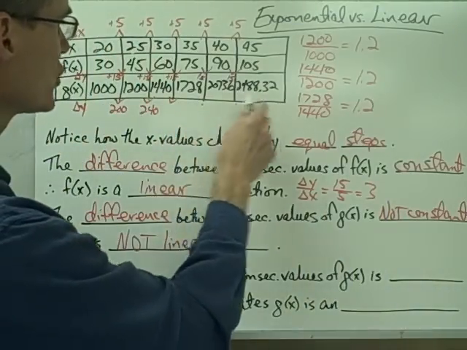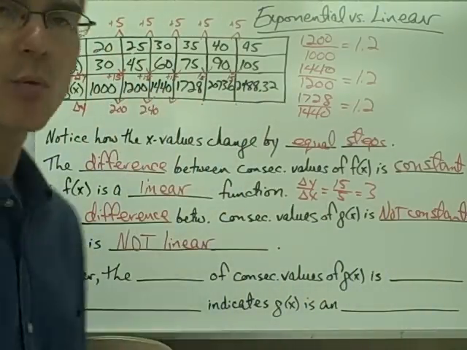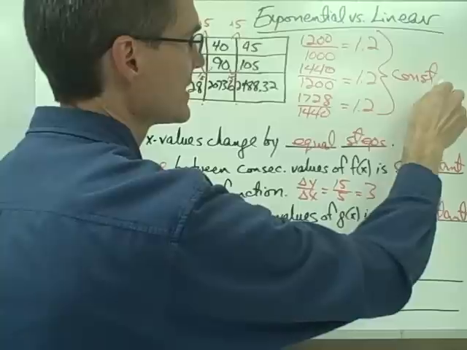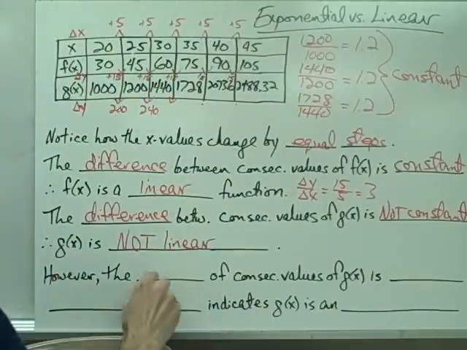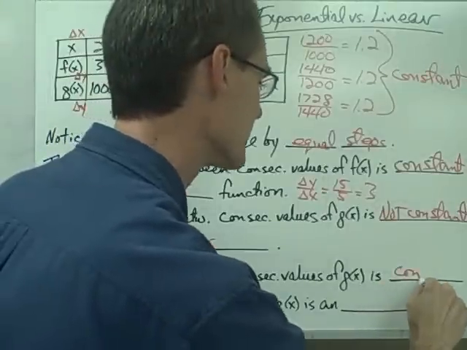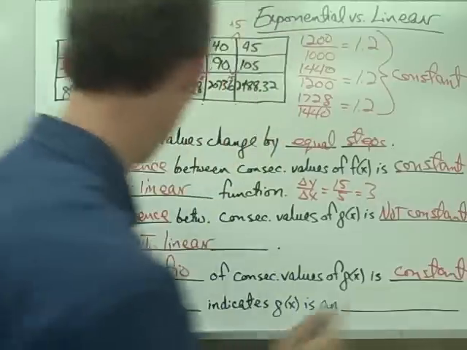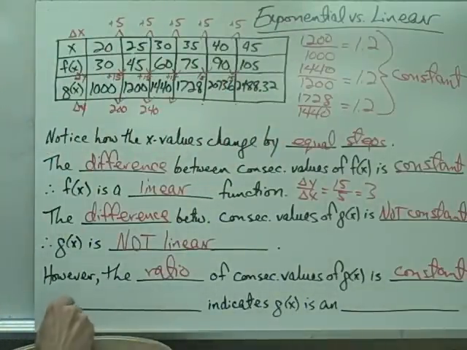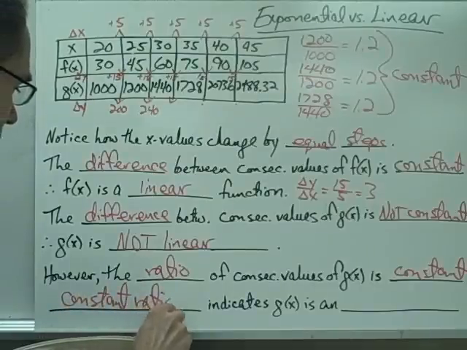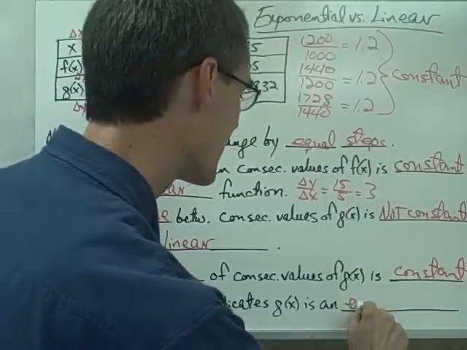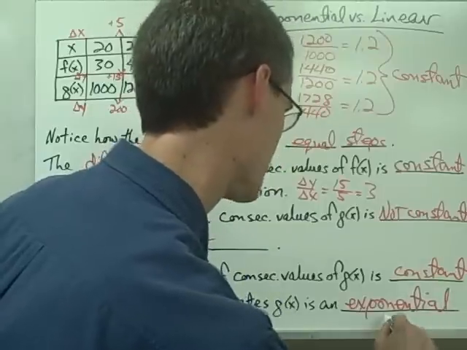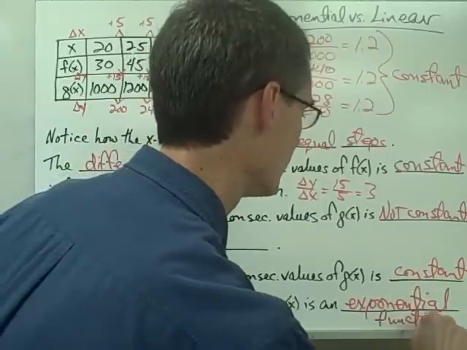And if I keep going, if I check the ratio of every pair of consecutive y values, I'm going to keep getting this same value. And since this ratio of consecutive y values is constant, these constant ratios indicate that g of x is an exponential function.